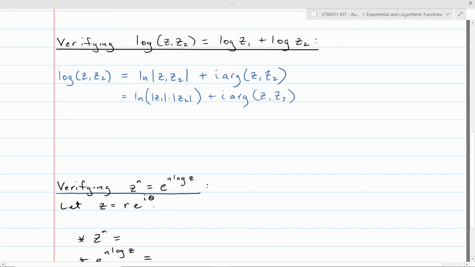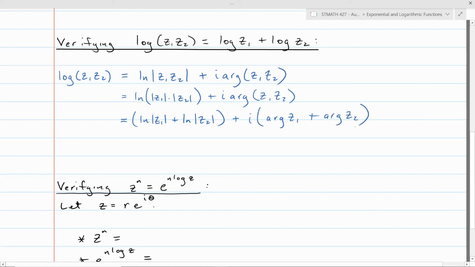And way back when we were talking about arguments, we proved actually that the argument of z1 z2 is equal to the argument of z1 plus the argument of z2. It's also a property of regular logarithms that the natural log of x times y is equal to natural log of x plus natural log of y. So this first term here I can break up as natural log of modulus z1 plus natural log of modulus z2. So that's just a property of real-numbered natural logs. And then i times, we proved argument of z1 z2 is argument z1 plus argument z2.